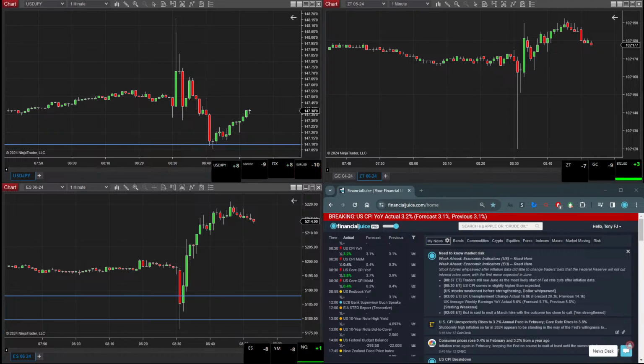That's what TICKSTRIKE gives you the ability to do, to see how strong the buying or selling momentum is. So let's say we're looking at the dollar yen.